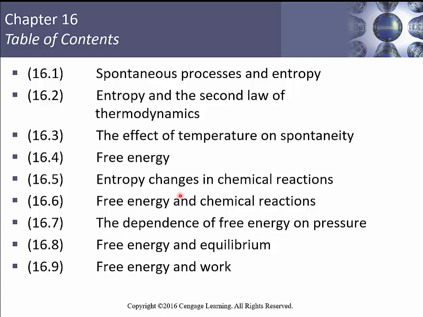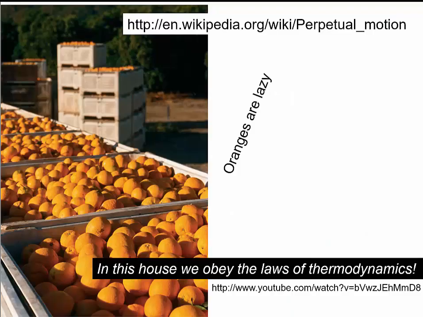This is where we're going to see how everything is really all about the energy, just like in Gen Chem 1 it was all about electrons. Now we're all about energy, and this is the chapter that ties it together. 16.7, the dependence of free energy on pressure, a little bit of free energy and equilibrium, and then free energy and work.